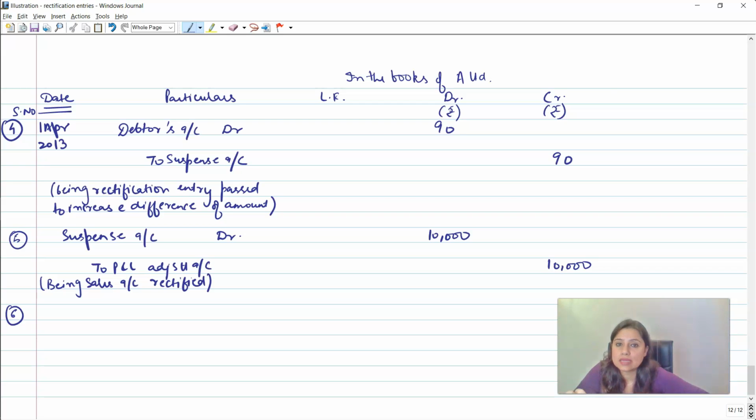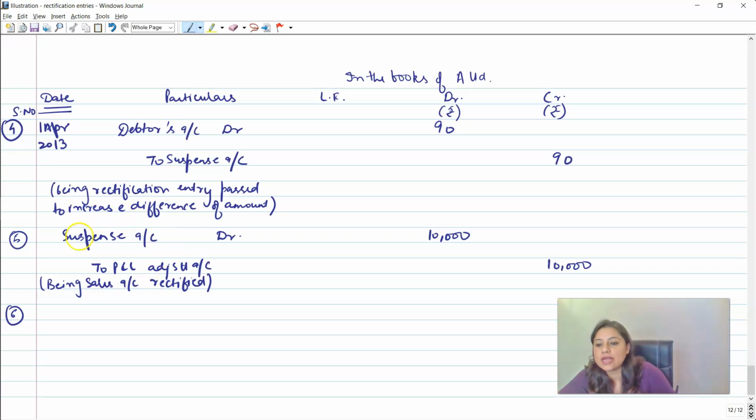And since it is a casting error, as in the inventory has been recorded in the closing stock, such inventory would be moved to the profit and loss account, which would be through the profit and loss adjustment account. Because we would be crediting the closing stock and reducing the effect of rupees 10,000, we would thus be increasing the P&L adjustment account, as the inventory would have to be increased for the previous year.